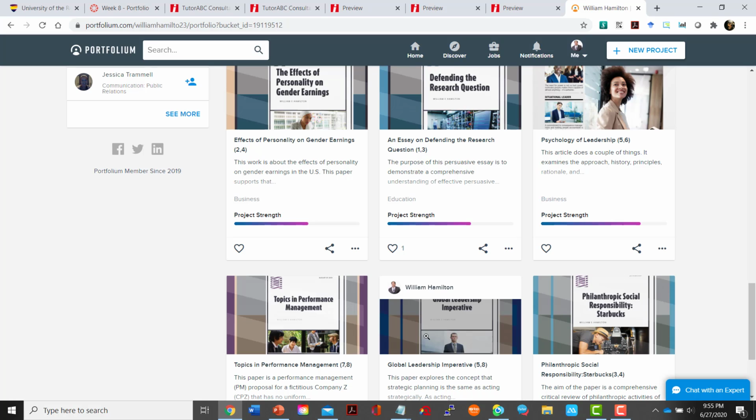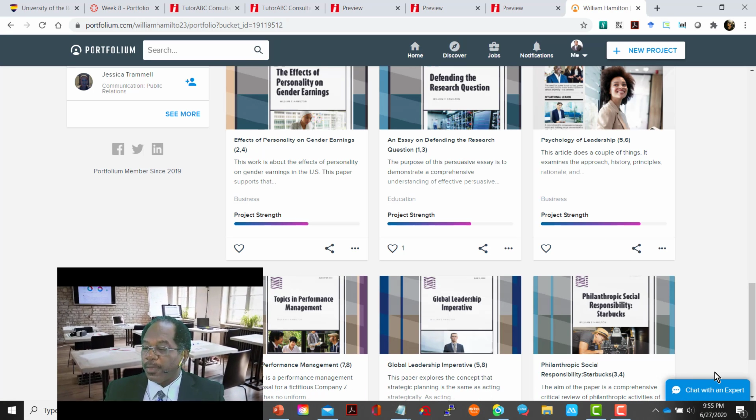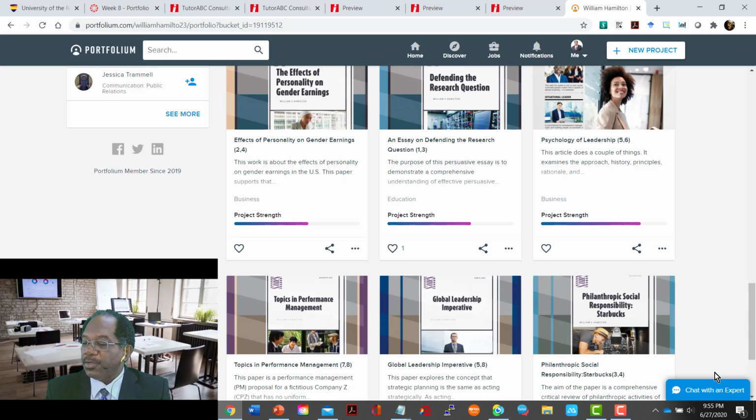So for this particular one, this is evaluating concepts, skills, and initiatives fundamental to ethical principles. For this one, I chose to have a look at the philanthropic social responsibilities.